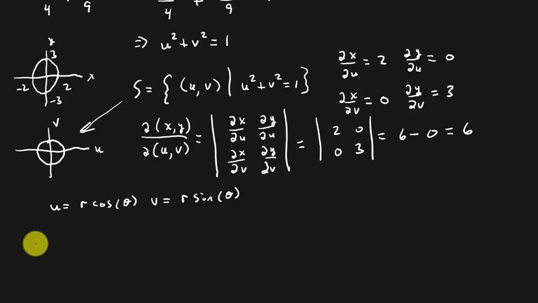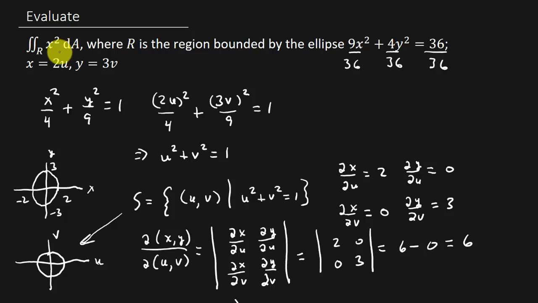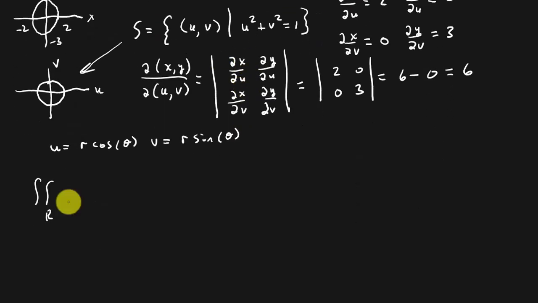substitutions. So remember, our original problem was the integral over the region R of x squared dA. All right. So now this is going to equal our integral over the region S. We're doing a change of variable here.